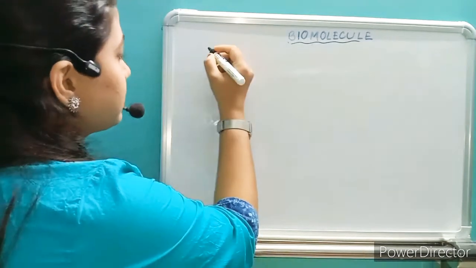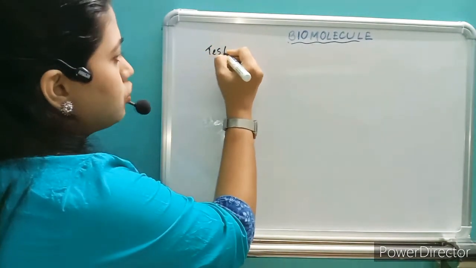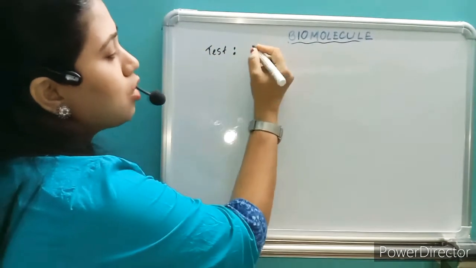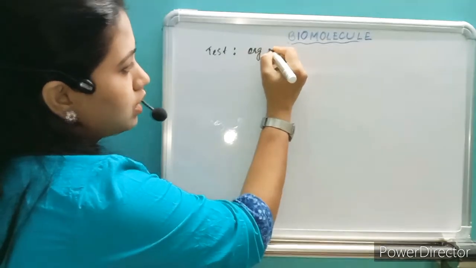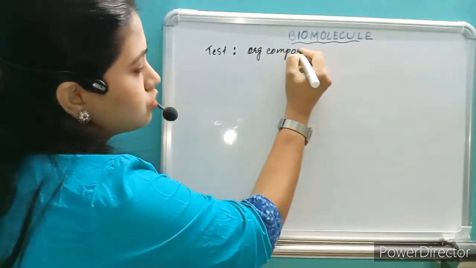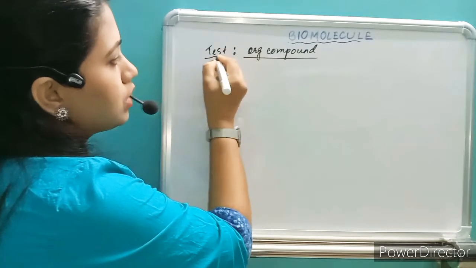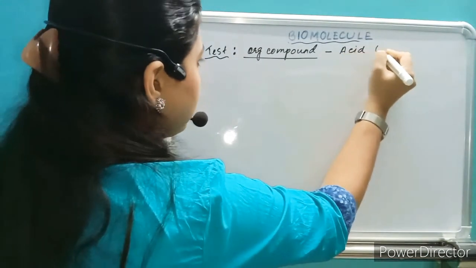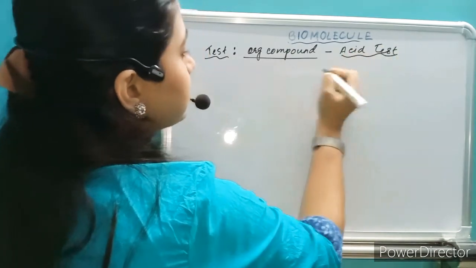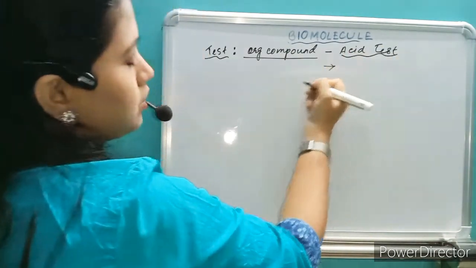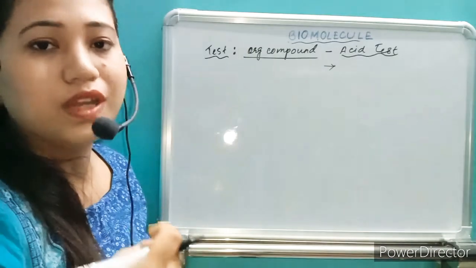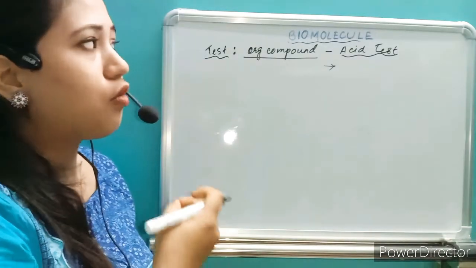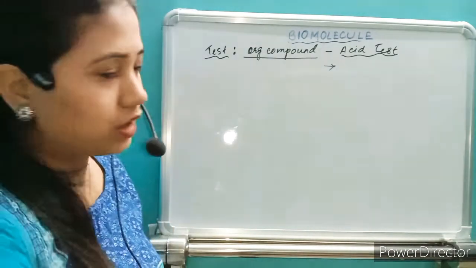And what is this test actually? A test to understand the organic compounds. This organic compound is checked in a test called the acid test. The acid test is a test where in a living tissue we can get the different types of organic compounds, the biomolecules.